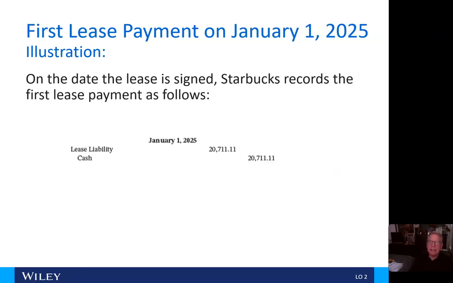On the date the lease is signed, Starbucks records the first lease payment as follows: by debiting lease liability for $20,711.11 and crediting cash for the same amount.